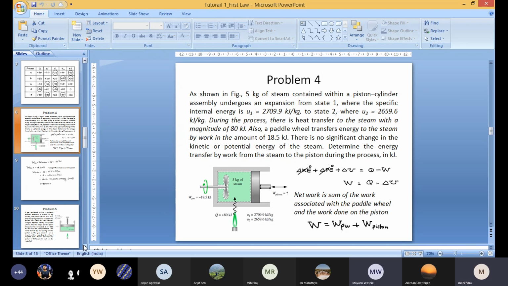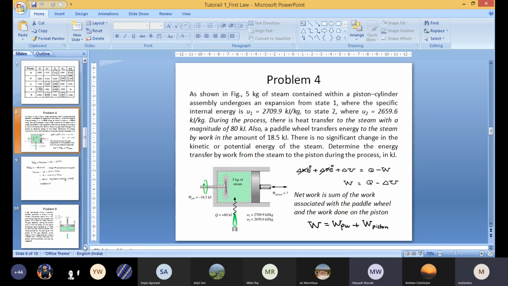Okay. So here, what is happening over here? We have a piston cylinder arrangement. In that, we have a certain mass, here steam of 5 kg. Then heat is continuously supplied, that is 80 kilojoules.